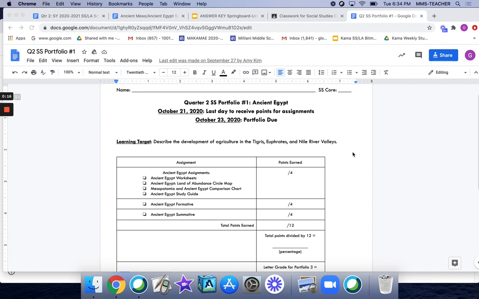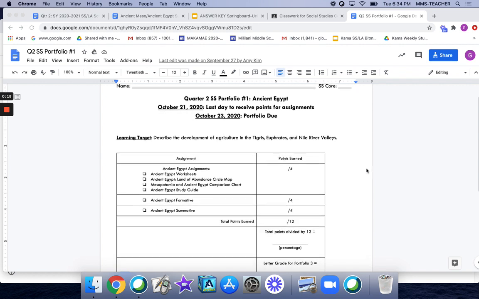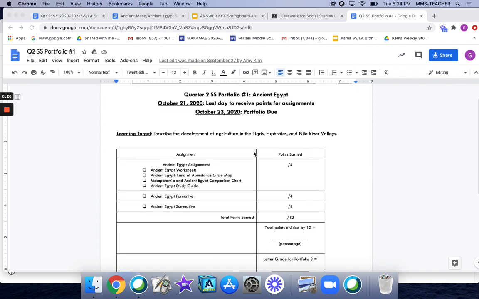Now, these are the areas that are being graded on this portfolio. One was your assignments. That all makes up one grade for the Ancient Egypt assignments. If you did the slides on these assignments, then you should be getting a positive grade. Then another grade was from the formative that you had taken.